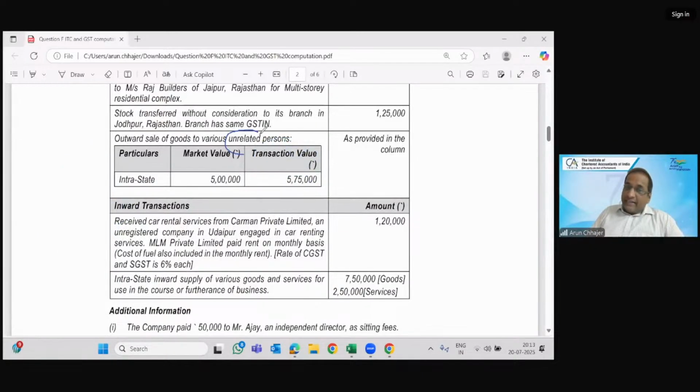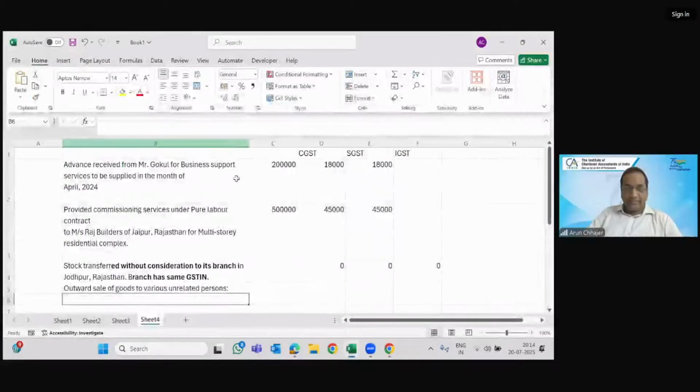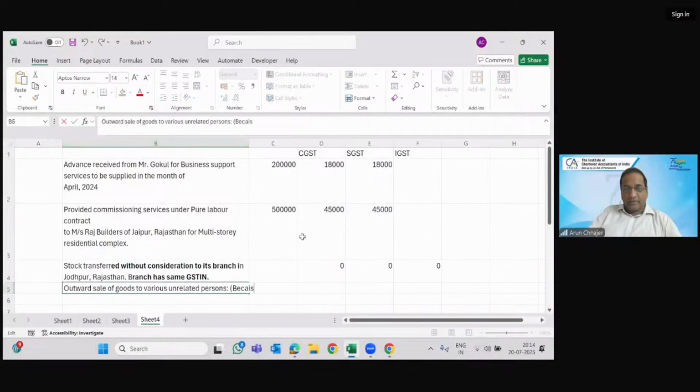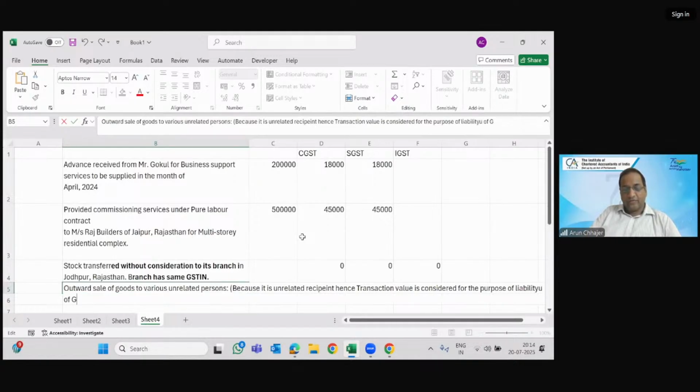Because the party is unrelated, the GST would be payable on the transaction value only. You can give the reason: because it is an unrelated party, transaction value is considered for the purpose of liability of GST. Is that clear?